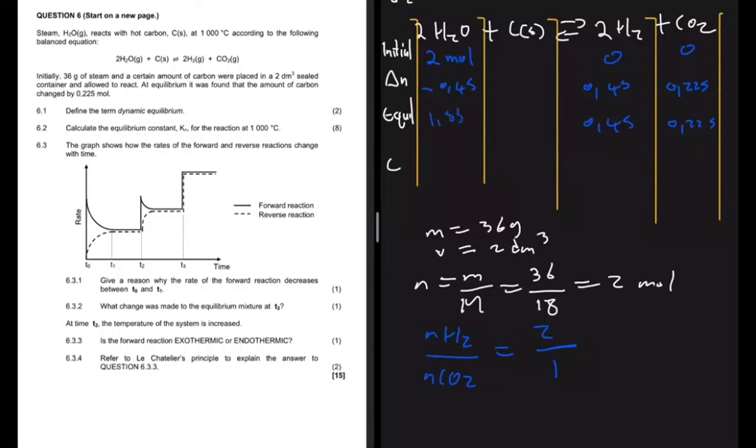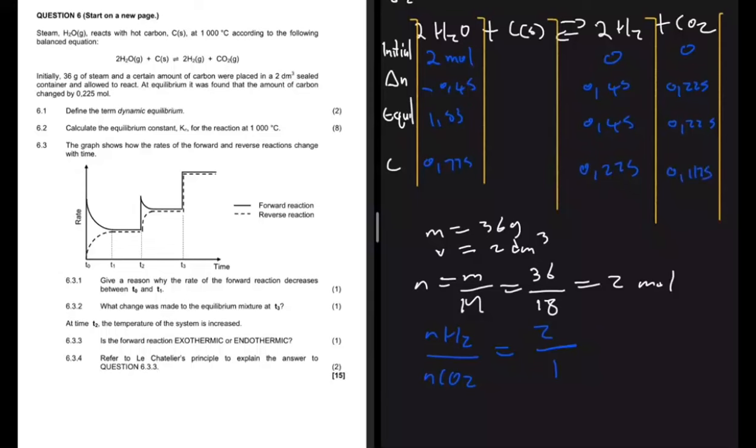And then the concentration at equilibrium, we know that the volume is 2, right? So we're just gonna divide 1.55 by 2, and that will give us 0.775. We divided 0.45 by 2, it gives us 0.225, and then 0.225 by 2. And that is going to give us 0.1125.